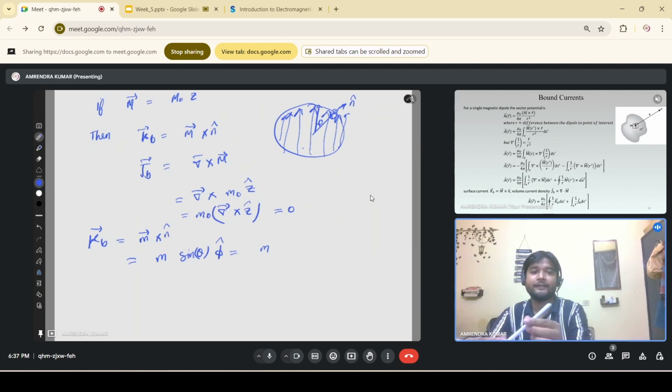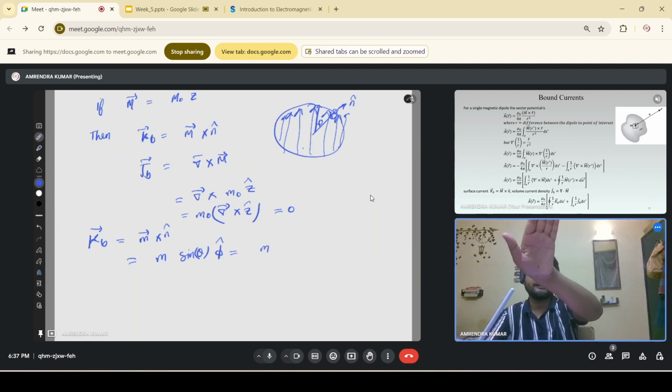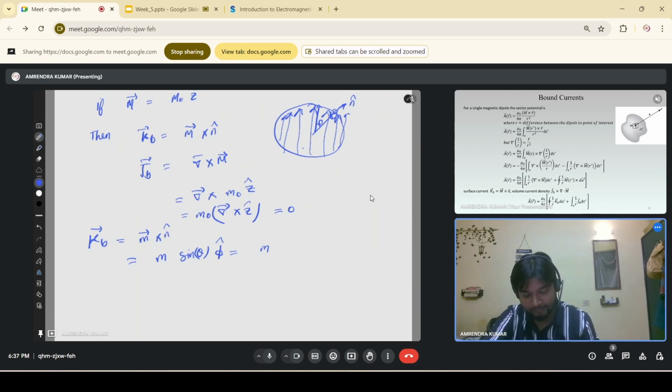So if you have radius r here, then M cross this N cap will be in this direction. Z cap is in this direction. The cross product of Z cross N will be in this direction, the phi cap direction. Okay, so we can write this as M sine theta phi cap.